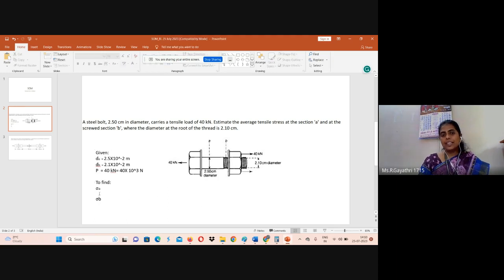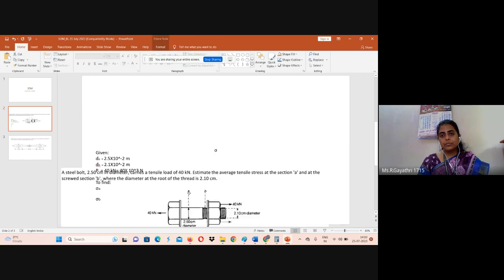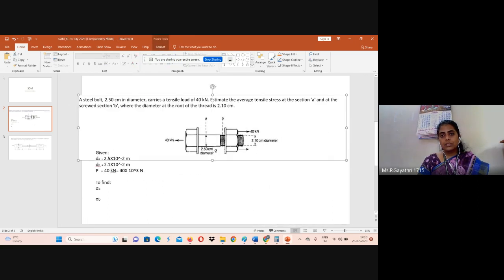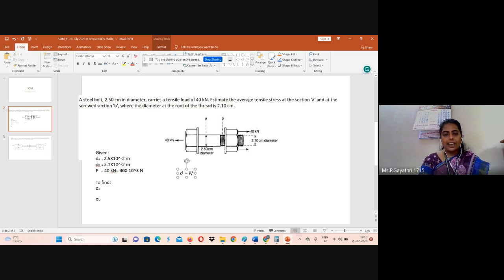We know the sigma formula. Sigma is equal to load by area.